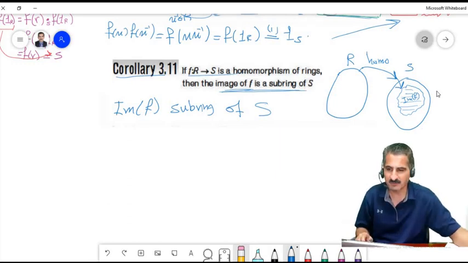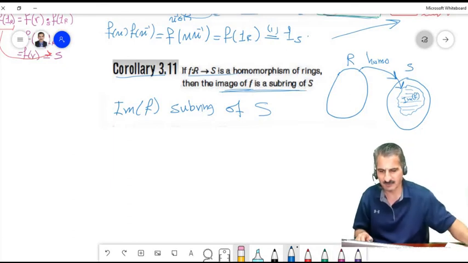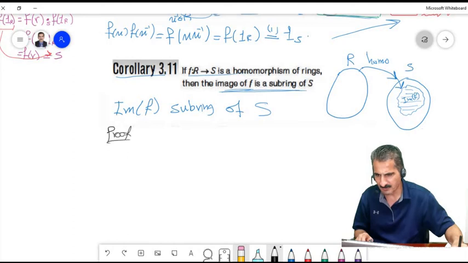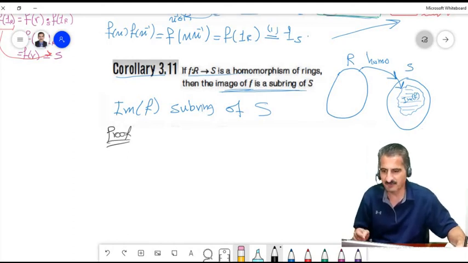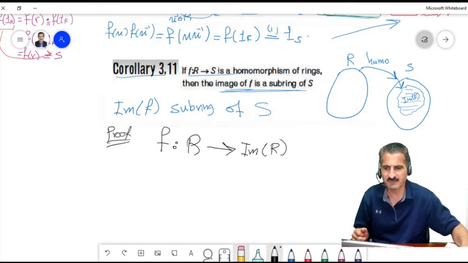And why do we say so? How confident are we? We will use the above theorem to prove it. We will define f simply, restricting f, not restricting. Take f from R, but not to all of S. Take it to the image of R, where f is defined in here.